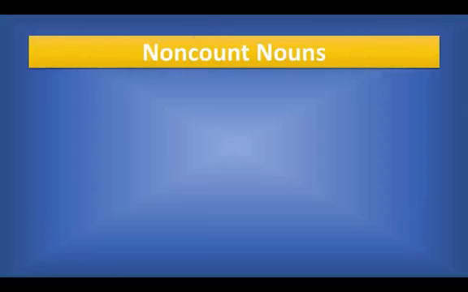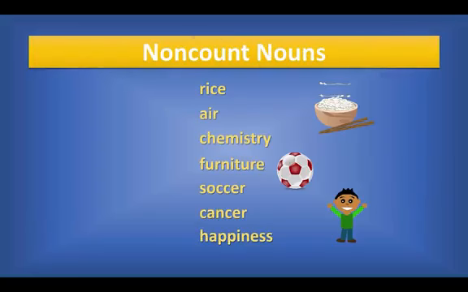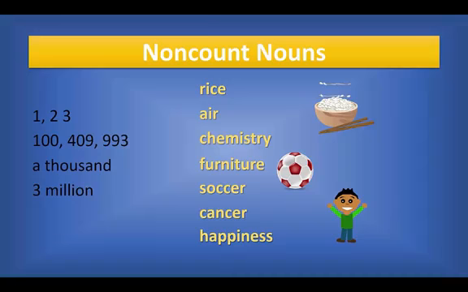Non-count nouns like these are a little different. Because count nouns are countable, we can use numbers, but we cannot count rice or air, so we can't use numbers in front of non-count nouns.